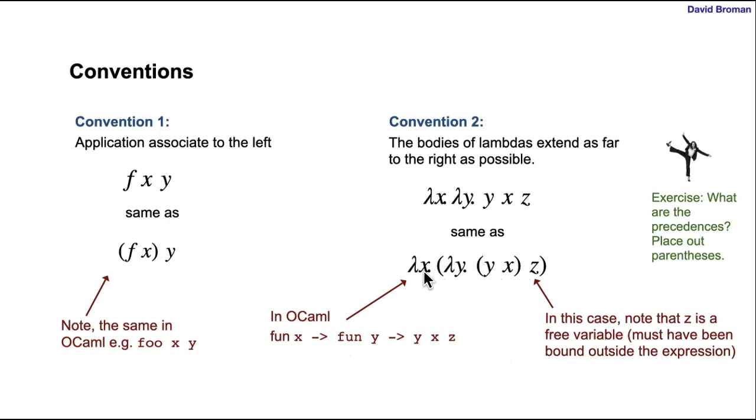X is bound by that lambda, y is bound by that lambda, but z is not bound by any lambda. So z is a free variable in this expression, and we say that this is not a closed term. A closed term does not have any free variables.